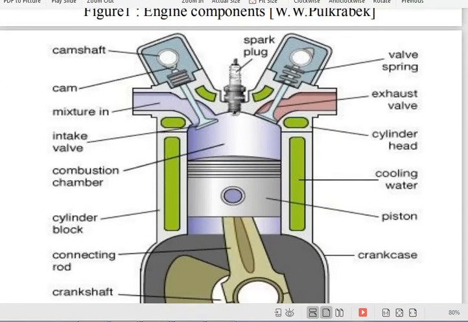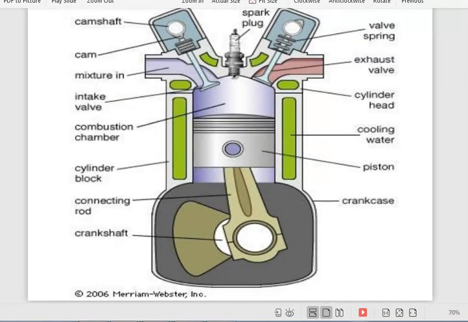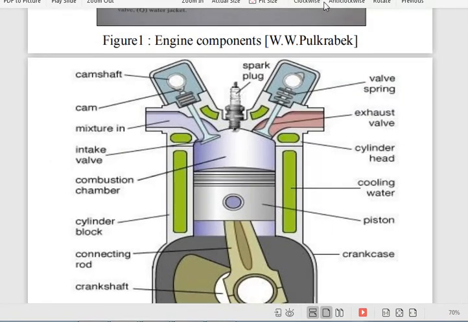In more detail, in this diagram also you can clearly see the components. So which is the first component here? This is the camshaft.